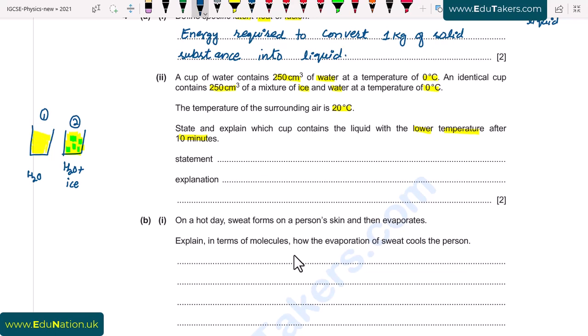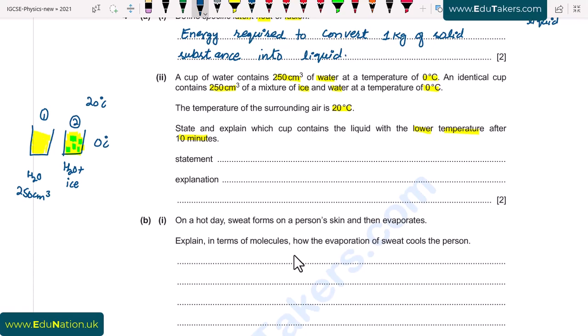Now both of these contain equal volume, that is 250 cubic centimeter. And the temperature of both is 0 degrees C. The temperature of surrounding is 20 degrees C. So here we can see that the surrounding temperature is larger as compared to this cup of water and ice.